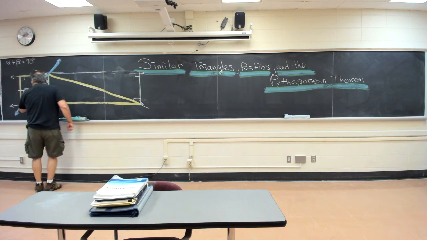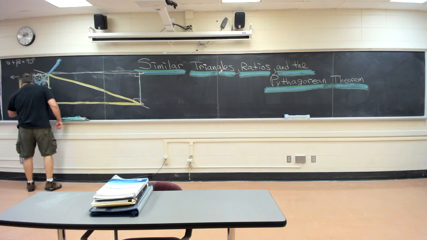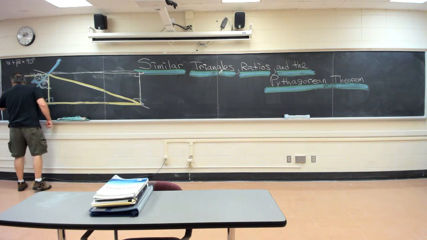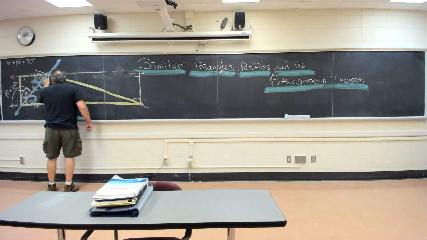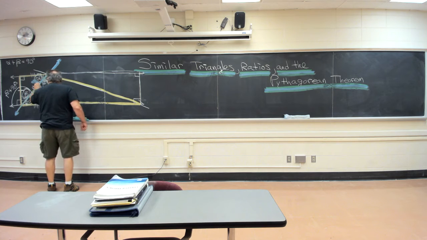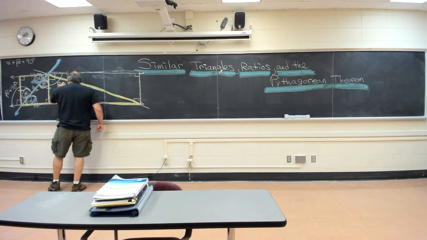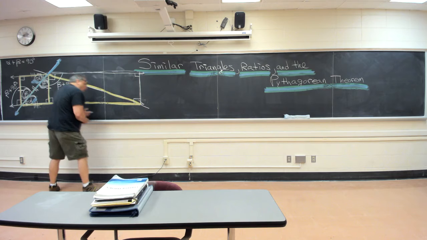If this is beta, and this right here is 90, from here all the way to here is beta plus 90.